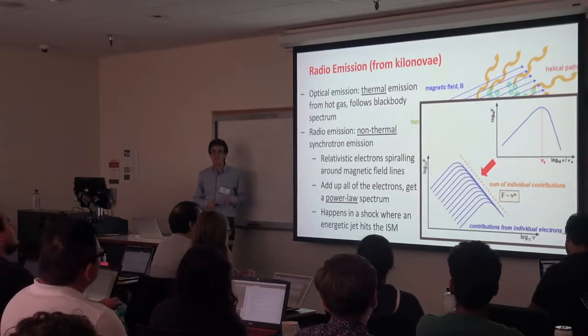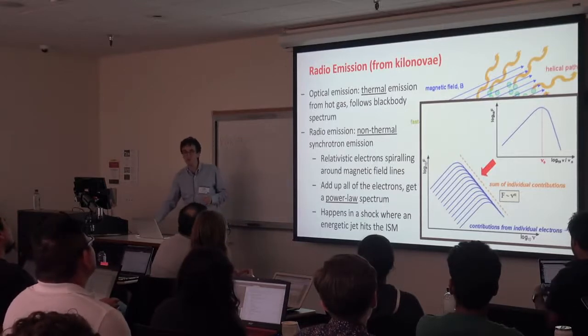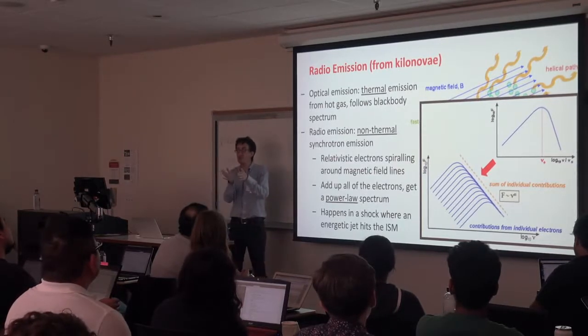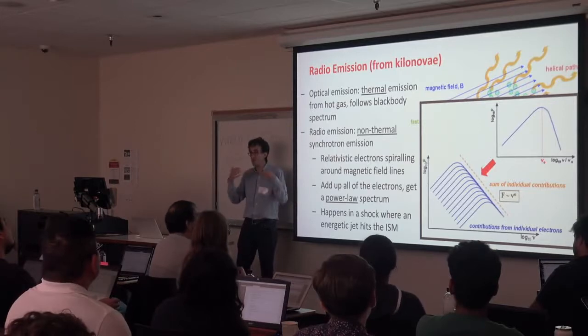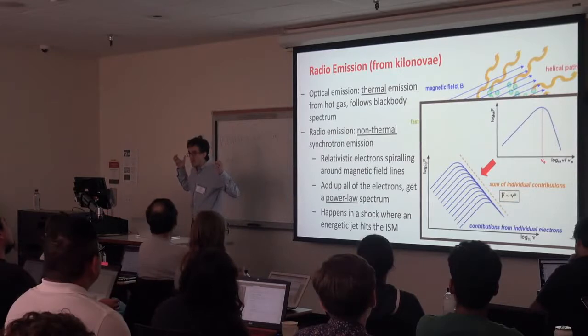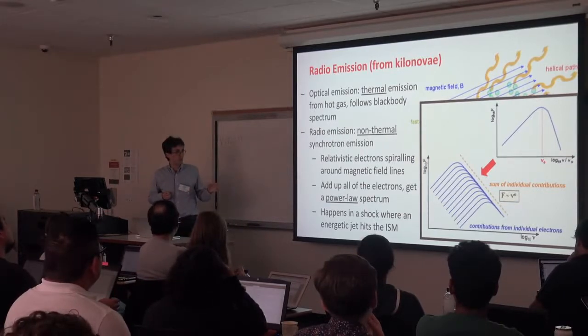In the particular case of the kilonova, what we have happening is a shock wave. You have a relativistic jet of electrons, and it comes out, moving very close to the speed of light, and hits the surrounding interstellar medium. When that happens, you get a shock wave. The electrons get quickly decelerated, and they dump a lot of their energy into this synchrotron emission.